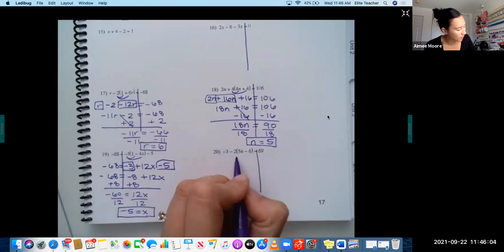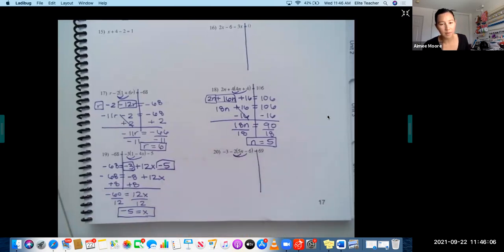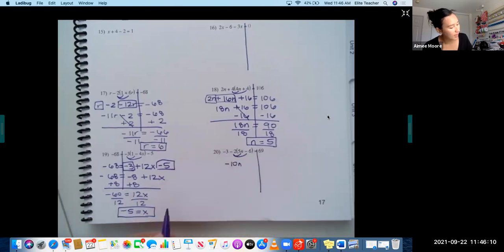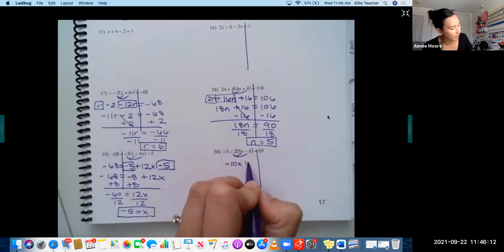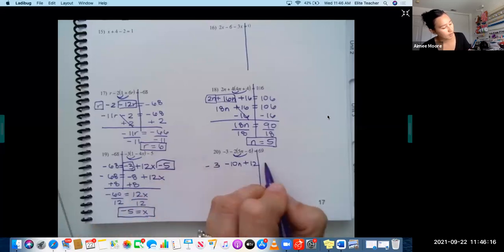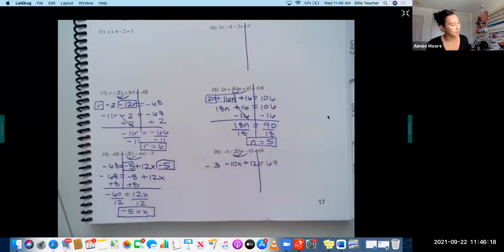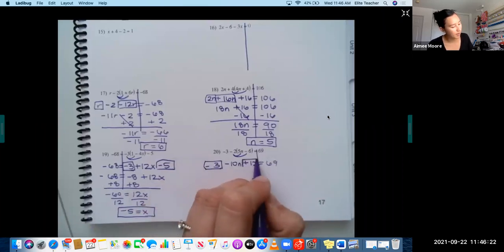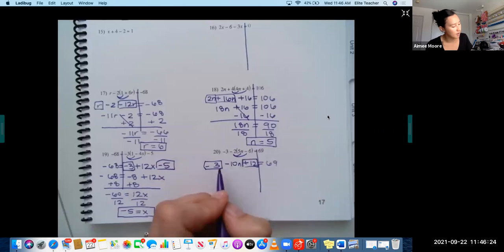And then number 20, so I'm going to get rid of my parentheses first. So -2 times 5n is -10n. -2 times -6 is positive 12. Bring down my -3 and my 69. Now I can combine my like terms that are on the same side, which are -3 and 12, which combines to +9.